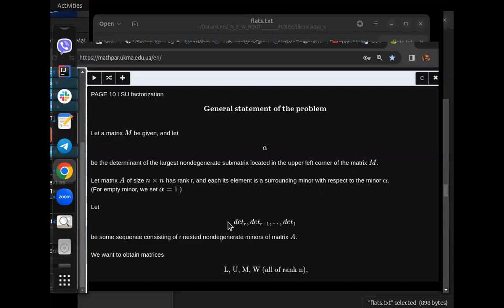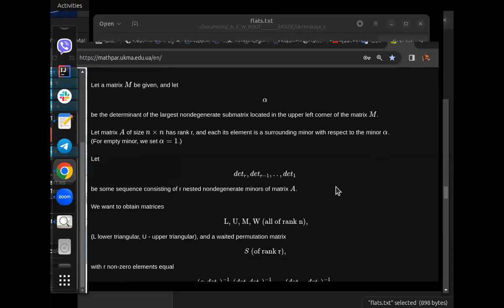And let this be a sequence of nested non-degenerate minors of the matrix A. The size is R minus 1, and so on, down to size 1.